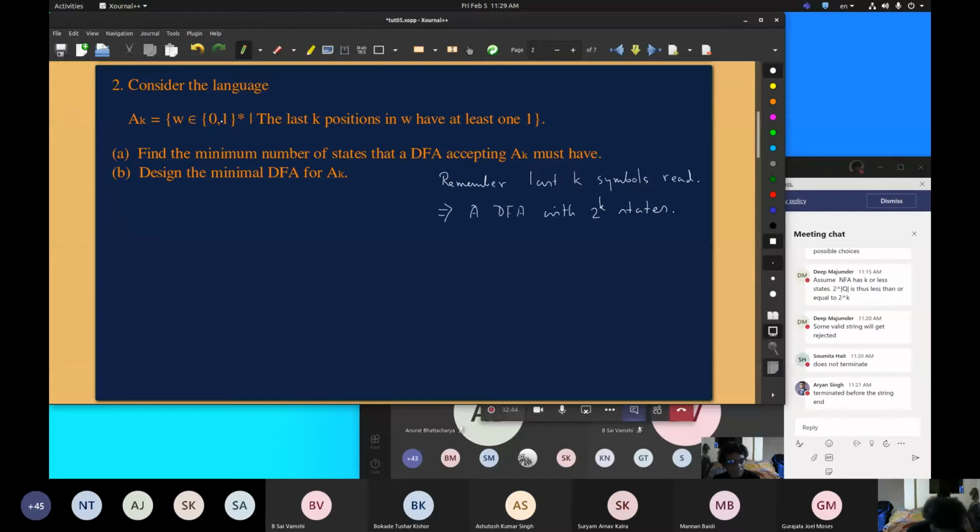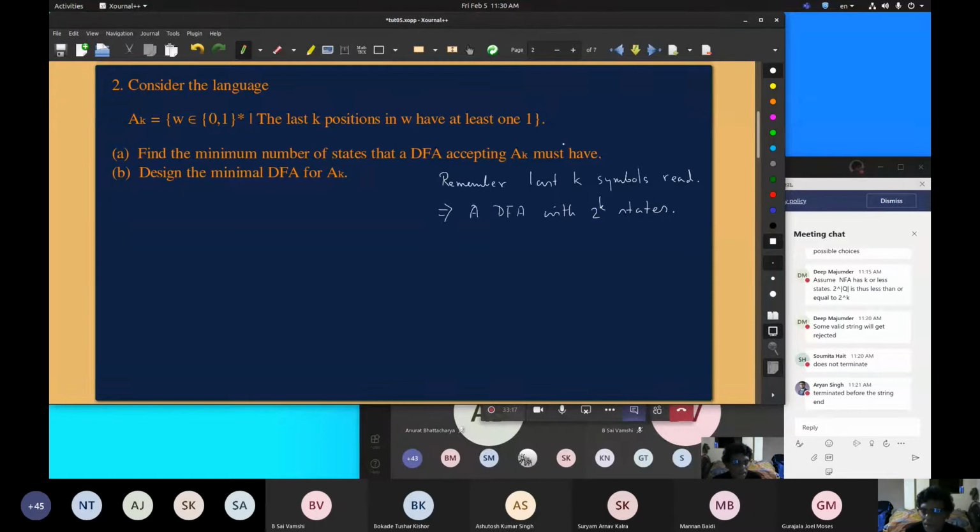Now the question is, are so many states necessary? Because here the condition is somewhat more relaxed than the previous one. You may have 1 in at least one of the k positions.